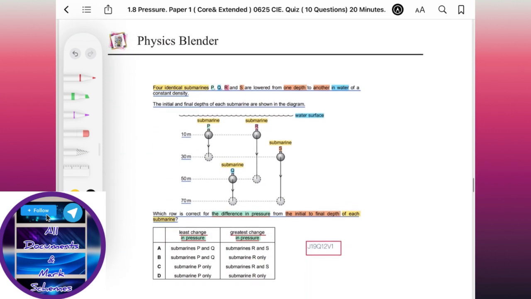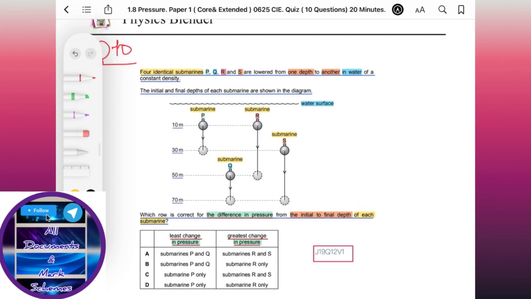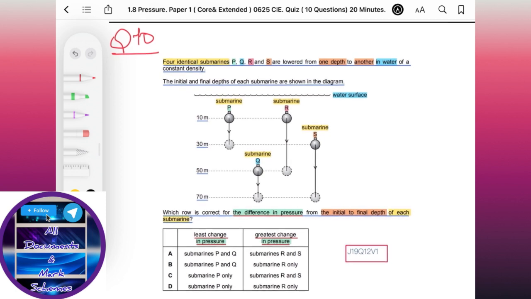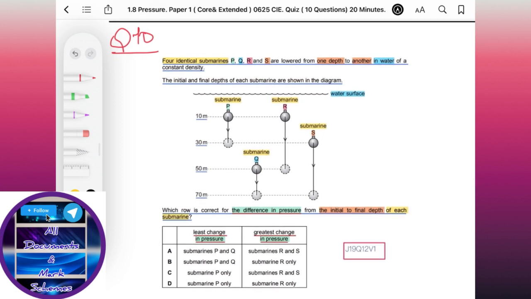The last question, question 10, is very important and challenging. We have here 4 identical submarines, P, Q, R, and S, lowered from one depth to another. And the water here has constant density. Back to the factors affecting pressure of liquid: depth and density.